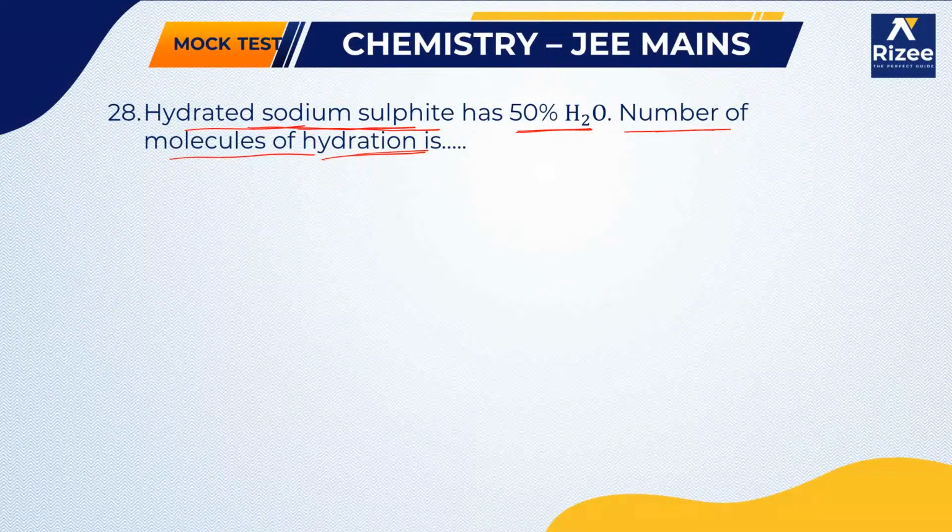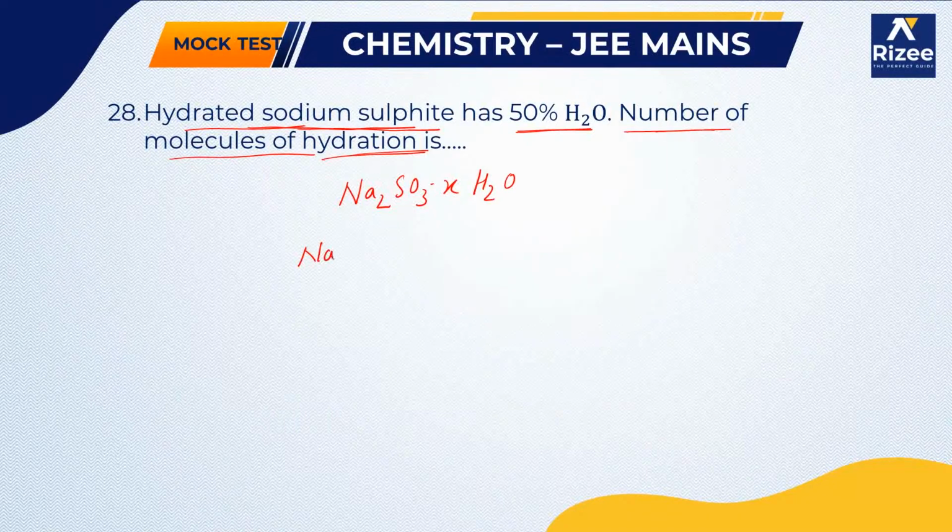First of all, the hydrated sodium sulfite formula is Na2SO3.XH2O. Some X number of H2O is there. Now let's find the ratio. Na2SO3 is to H2O. Since in the question he has given 50% H2O, the ratio is 50 is to 50.